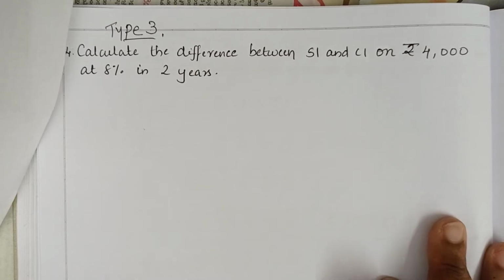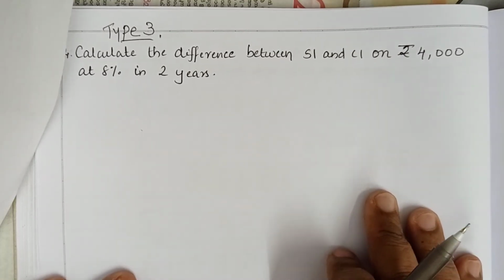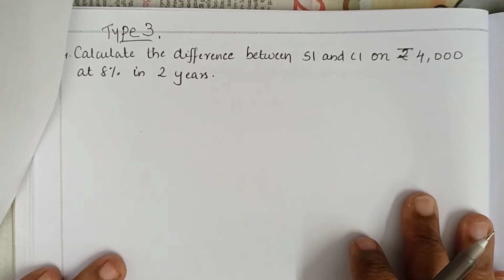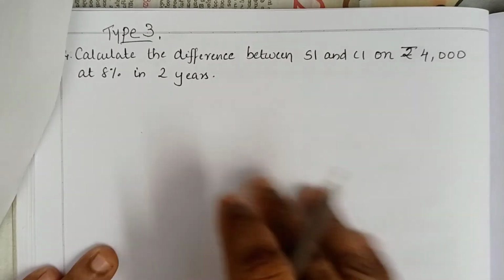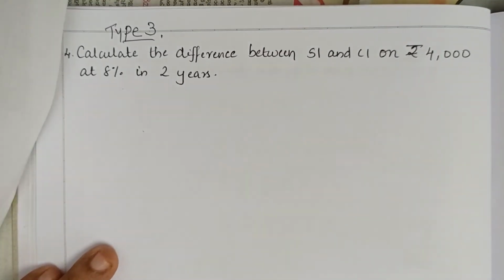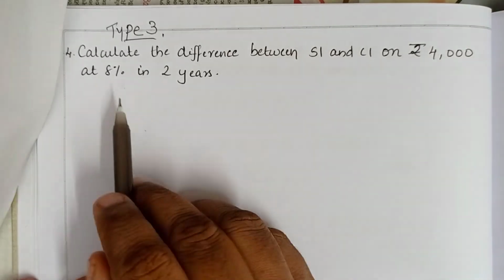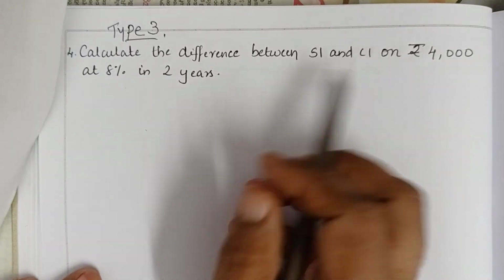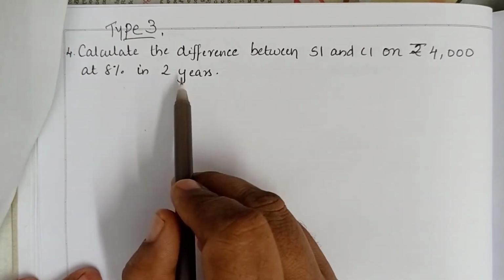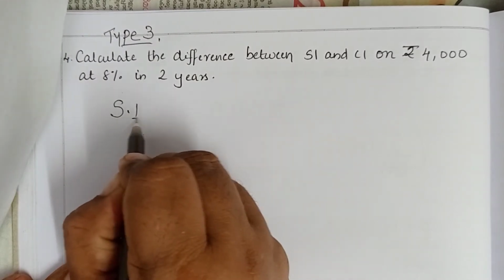Next is type 3. Calculate the difference between SI and CI on rupees 4,000 at 8% in 2 years. What's our aim? Find the difference between SI and CI. What's the principal here? 4,000, the rate is 8% and the time is 2 years. All of you write first, write simple interest.